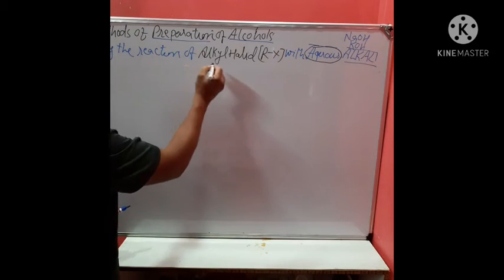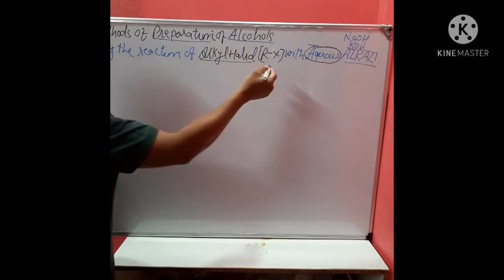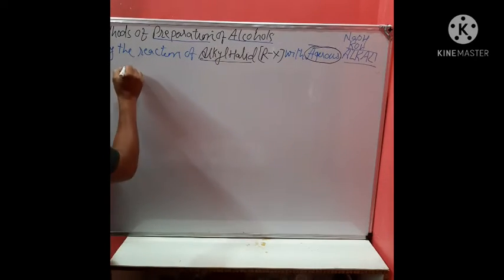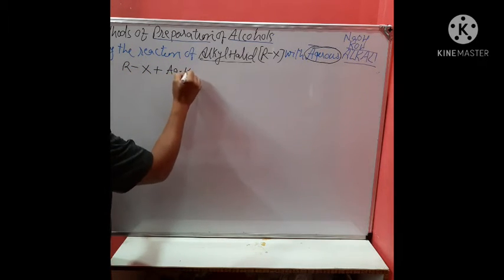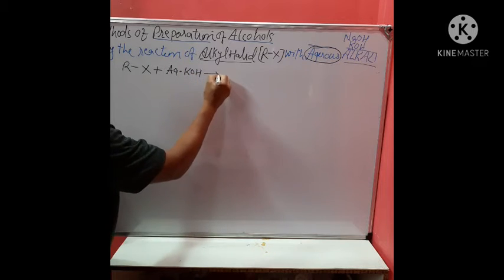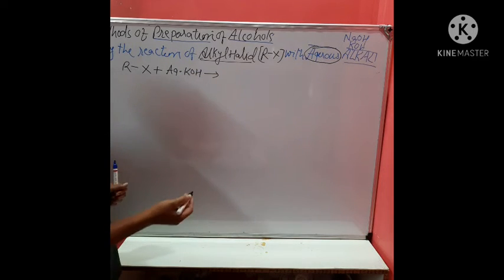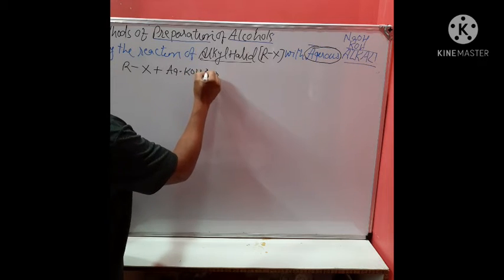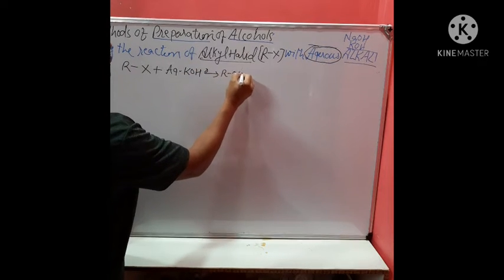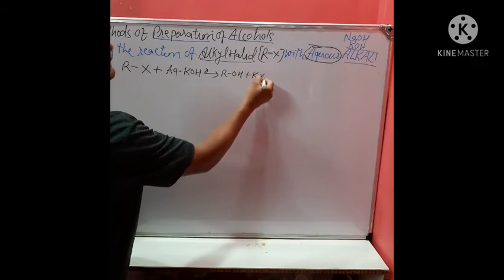So by the reaction of alkyl halide with aqueous alkali, we have checked this reaction: when RX is heated with aqueous KOH, the nucleophilic substitution reaction takes place very easily and it forms ROH plus KX.